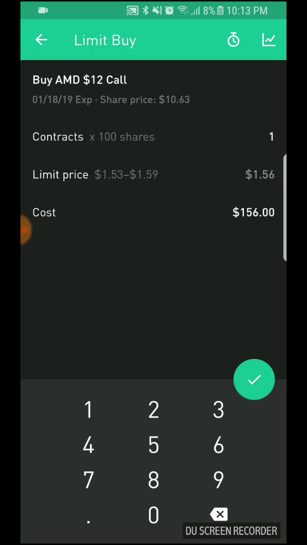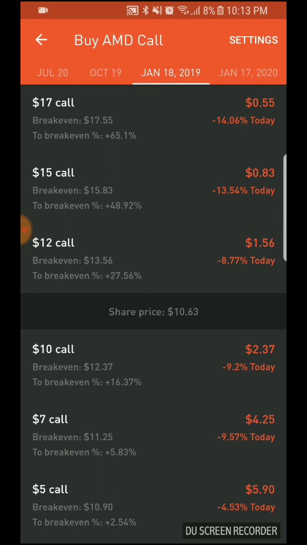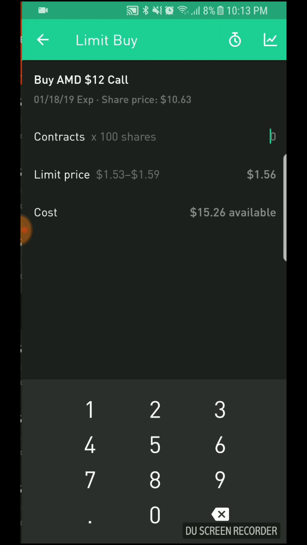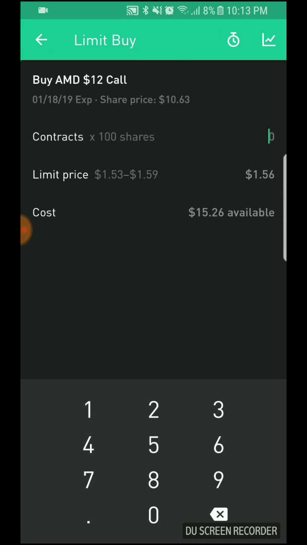If you buy the stock of AMD, the price right here is $10.63, so if you want to double your money, the stock price has to be $20.63. And if you buy an option, you only need $4, in this case, for the underlying asset of AMD to go to $14. Then you will double your money when you buy a call option.